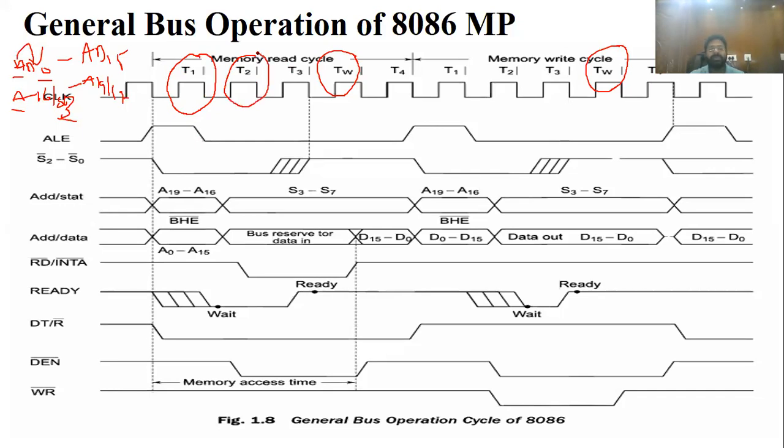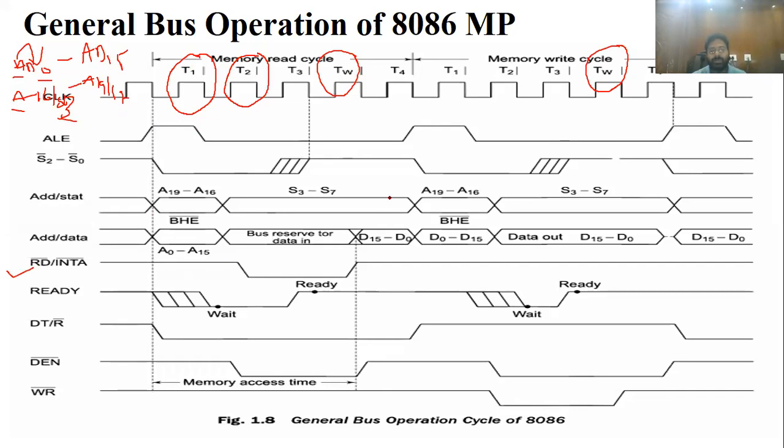One clock period is required to convert the address bus to the data bus. For that purpose we enable the address latch enable. Once it is enabled, the address lines are converted to data. For that conversion process it takes one time period, T2. Once it is converted, the microprocessor simply performs the read operation.